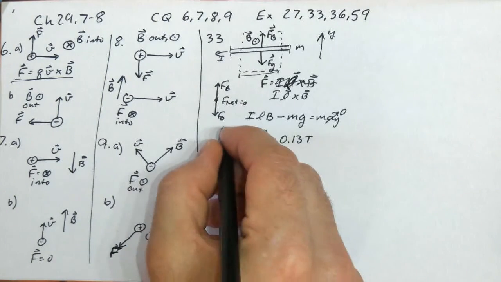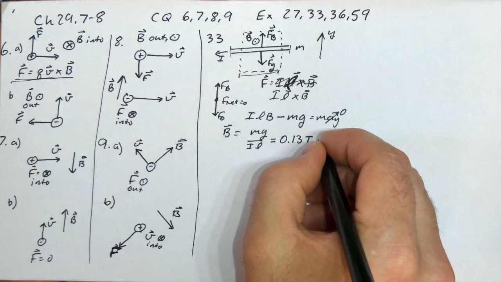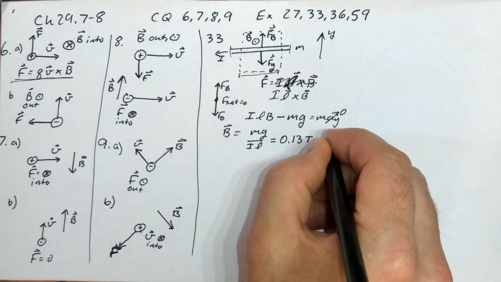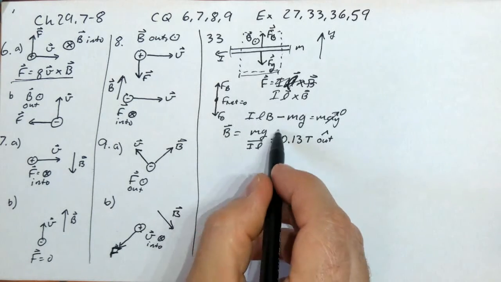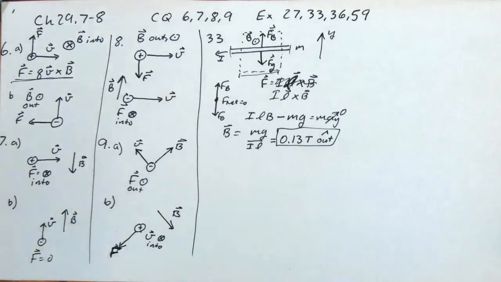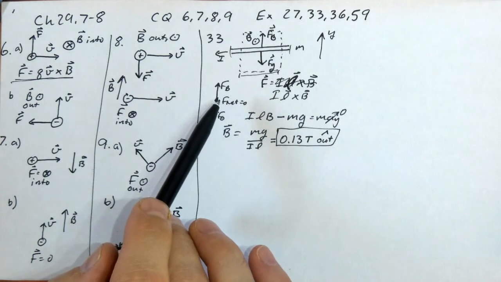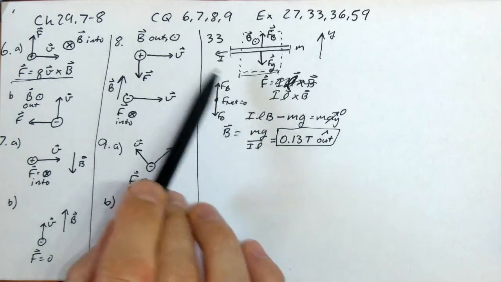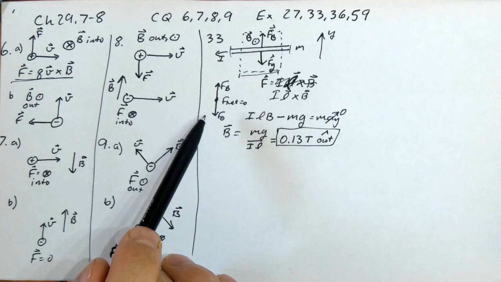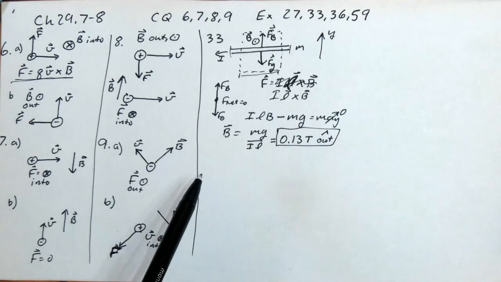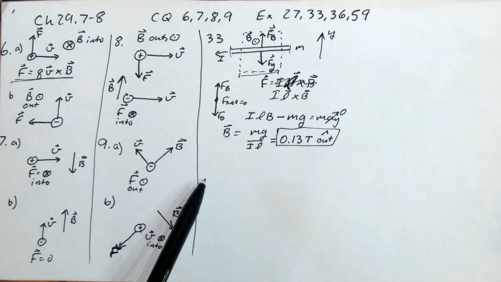Okay, so we're going to put a vector sign here and say that that is out. That would be our answer. So this is a good one because we're applying a new force, but applying it to a standard fundamental method using Newton's second law and equating forces to find the answer.